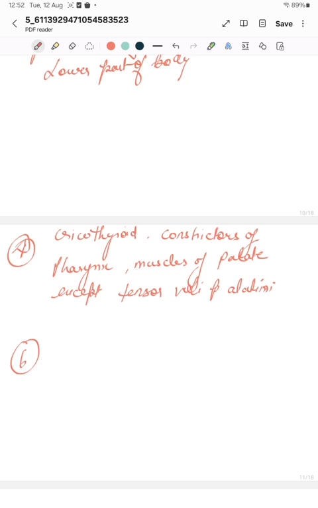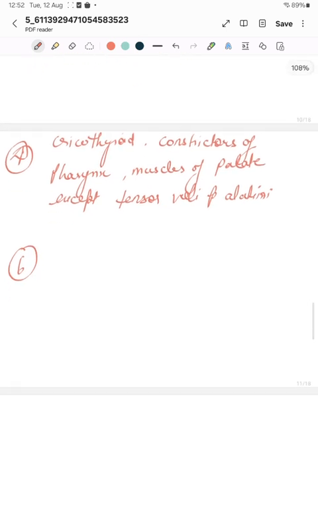It is derived from the first arch and it is also supplied by the mandibular nerve. Okay, and the nerve is the superior laryngeal nerve.